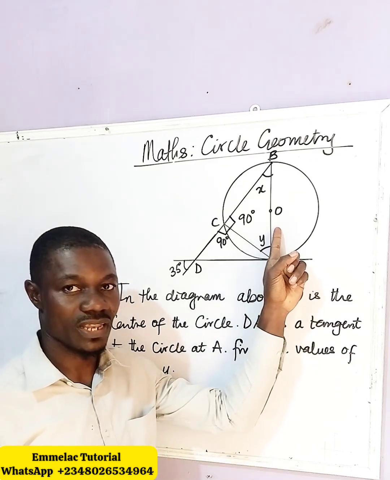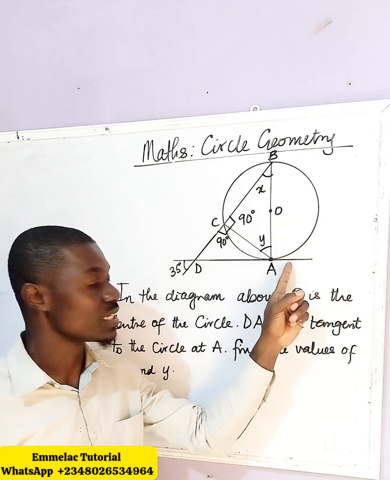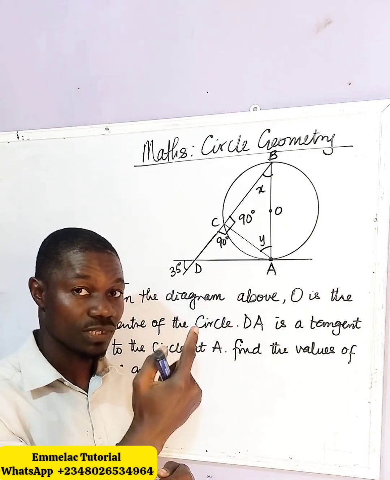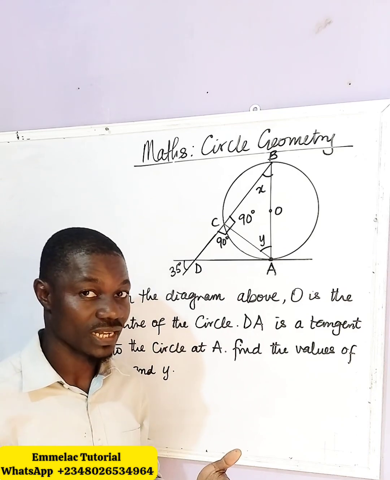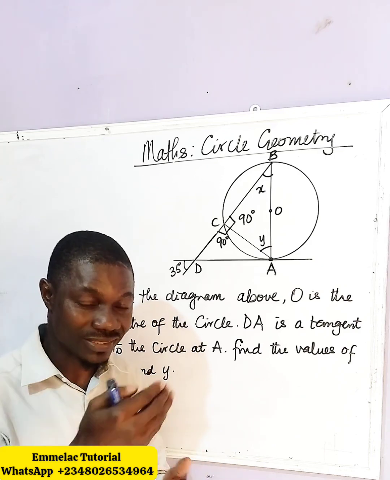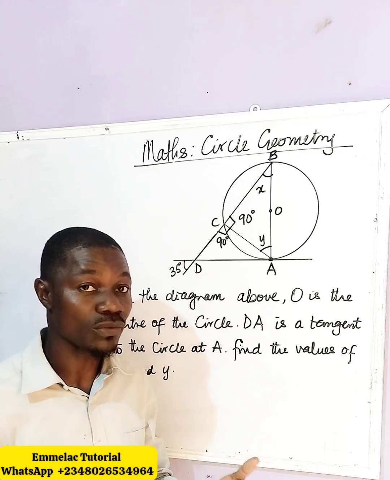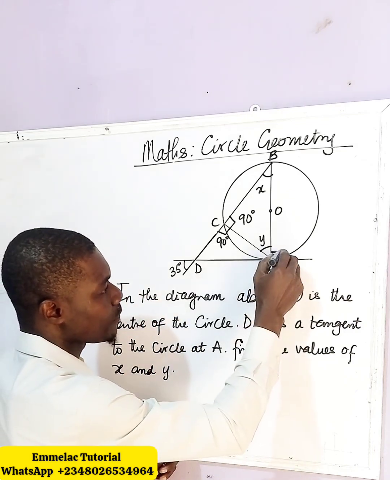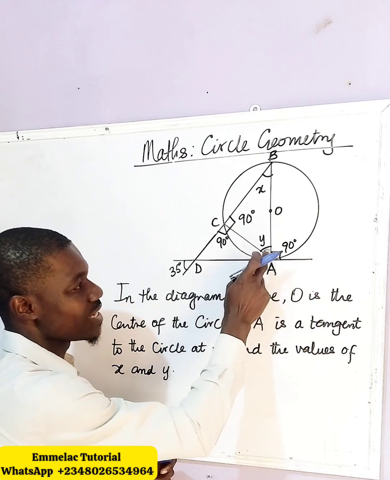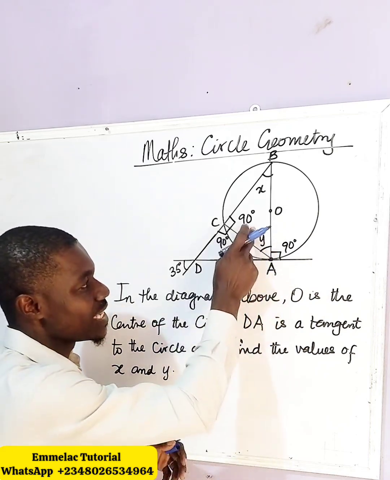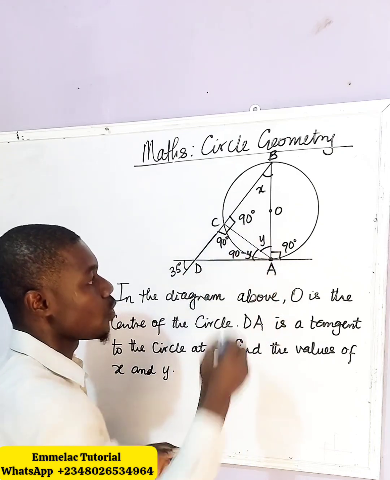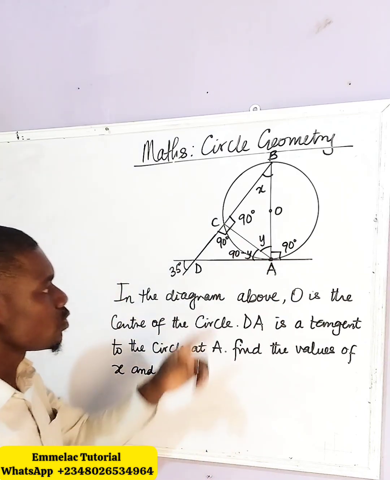Let's also consider this straight line from the center of the circle that meets the tangent at A. Any line drawn from the center of the circle that meets a tangent is at 90 degrees, forming a right angle. So here is 90, and if this part also is 90 and here is y, automatically here will be 90 minus y. We've gotten this angle, although with a variable.